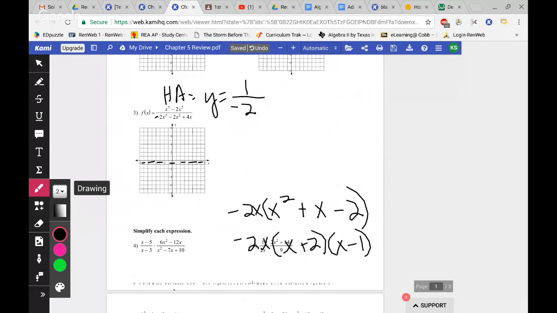So I set each of those terms equal to 0 to find the vertical asymptotes.